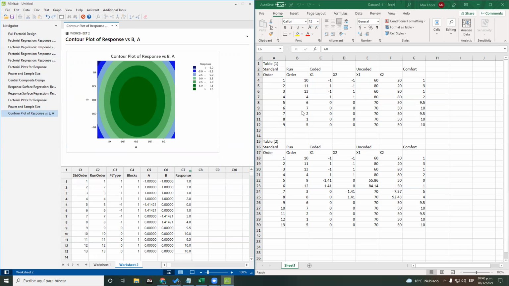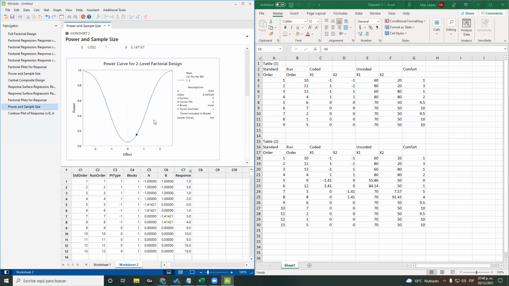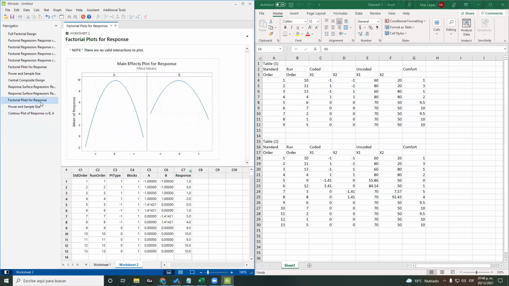When they were 0 and 0. So when they were 70 and 50 respectively. But we don't have a quite nice power for this analysis.